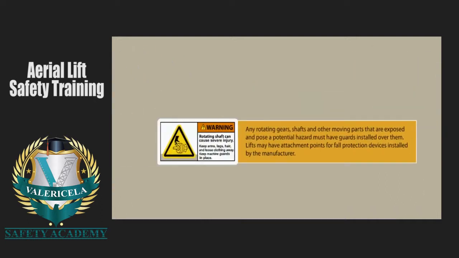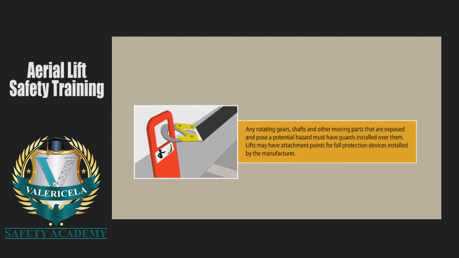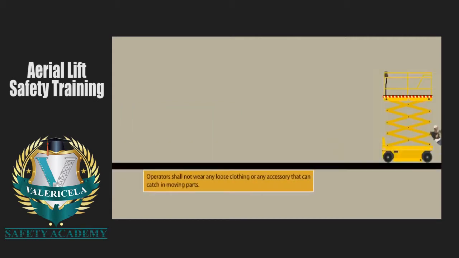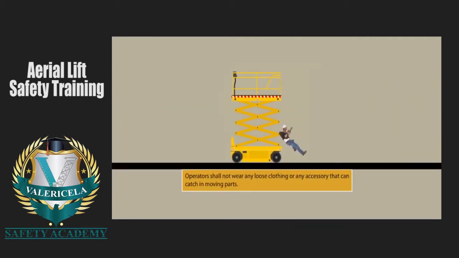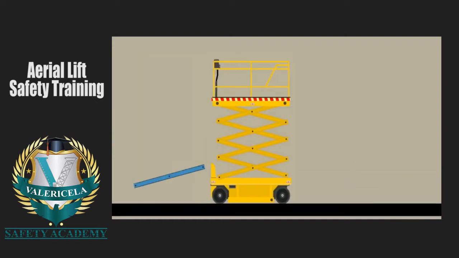Any rotating gears, shafts, and other moving parts that are exposed and pose a potential hazard must have guards installed over them. Lifts may have attachment points for fall protection devices installed by the manufacturer. Operators shall not wear any loose clothing or any accessory that can catch in moving parts.